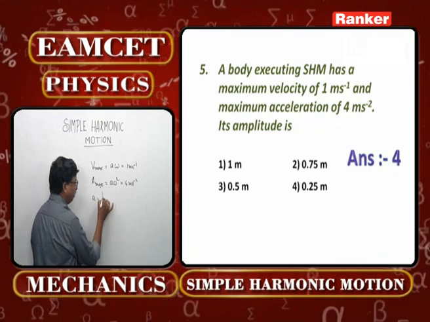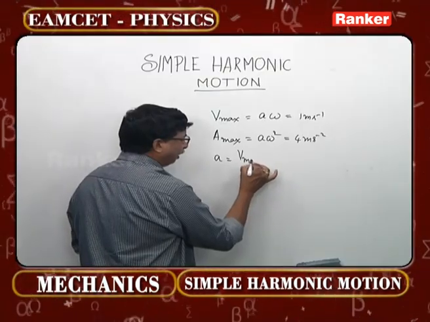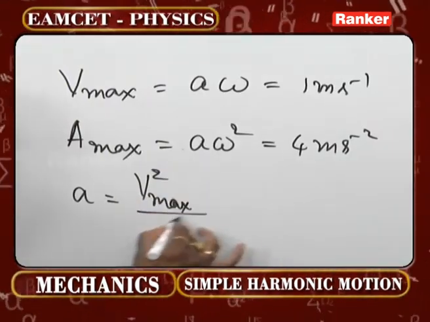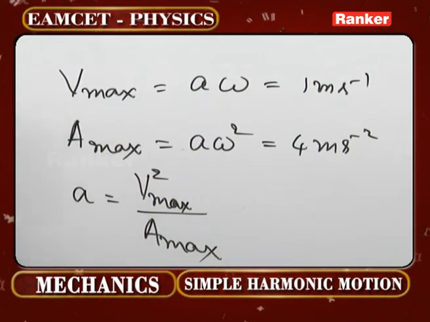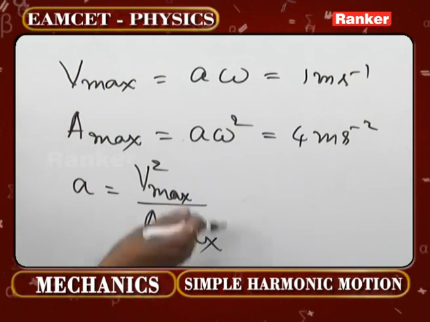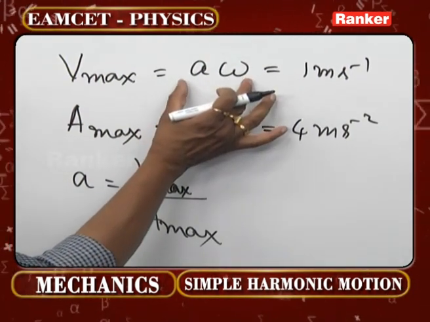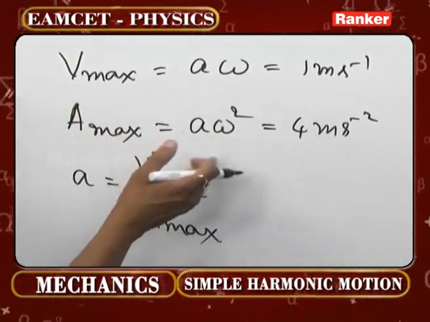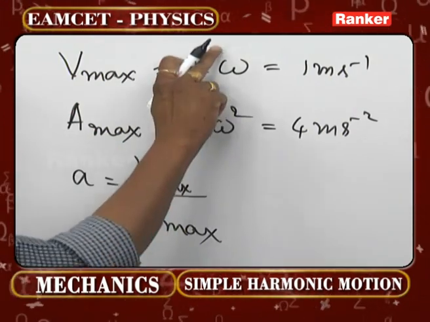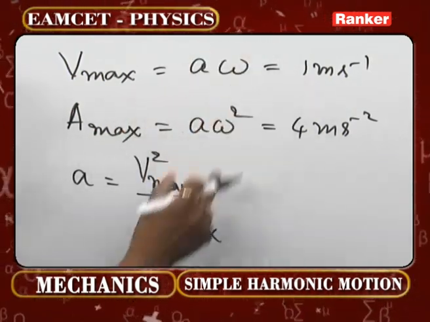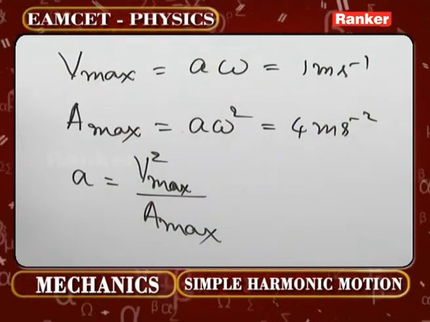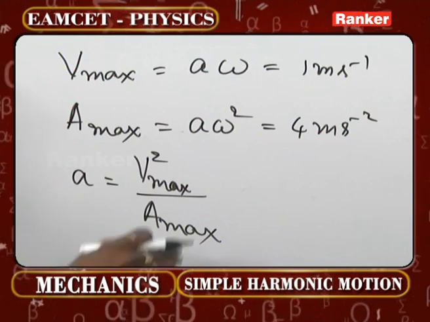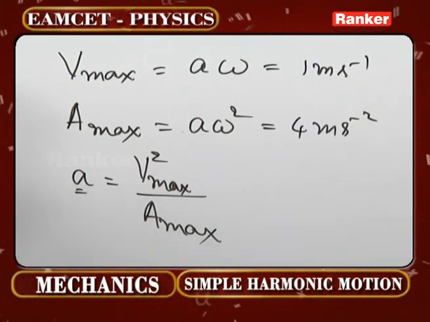Amplitude is maximum velocity square by maximum acceleration. This is the direct formula if you can remember. Otherwise also you can do it. For example, V maximum square in the numerator, A square omega square, divided by A maximum, A omega square. Omega square cancels, A square by A becomes A. So it is the amplitude.